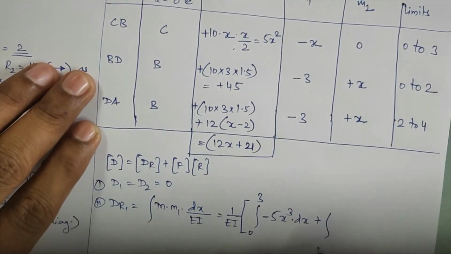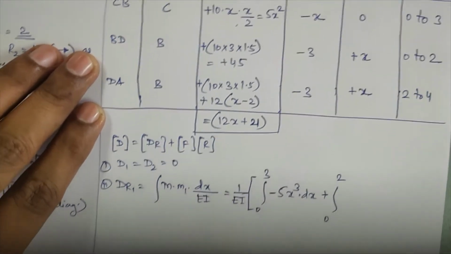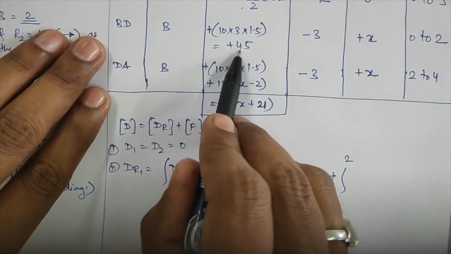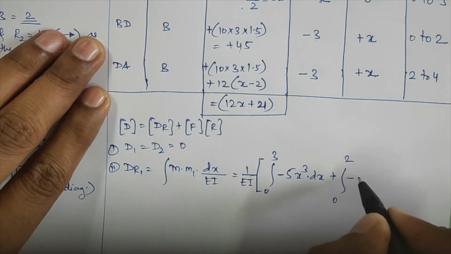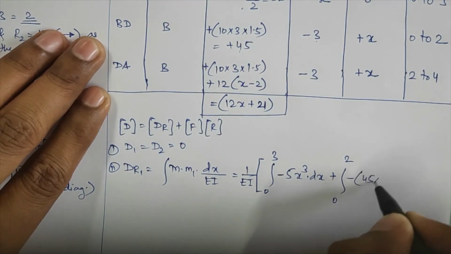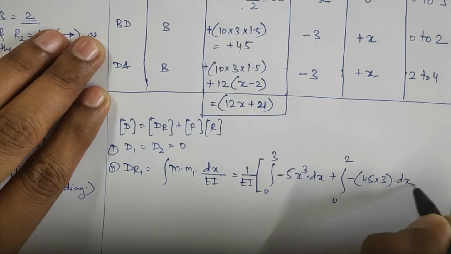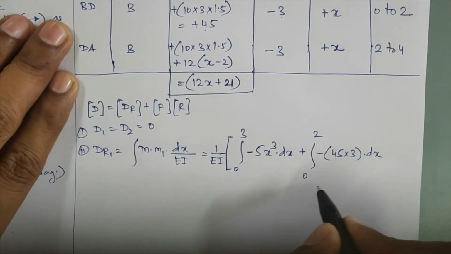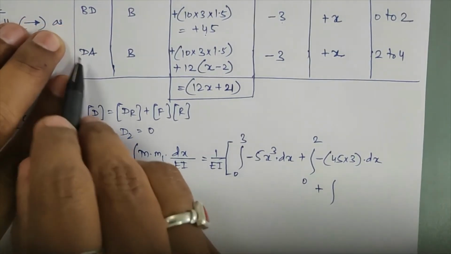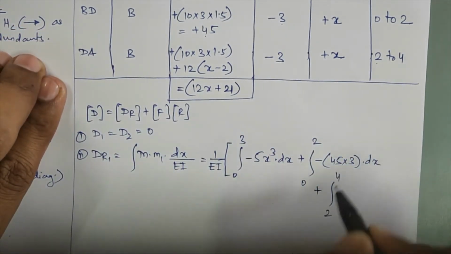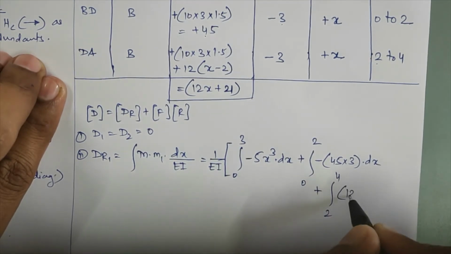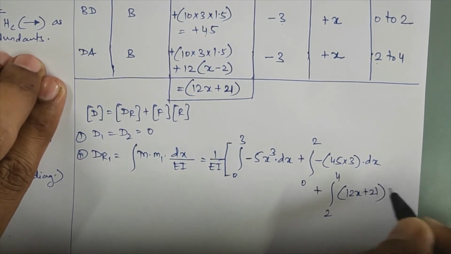plus the next portion, BD, with limits of integration 0 to 2. Here I will get plus 45 into minus 3, so I will get minus 45 into 3 into dx, plus the next portion, portion DA within limits 2 to 4, again M: 12x plus 21 into minus 3 into dx.